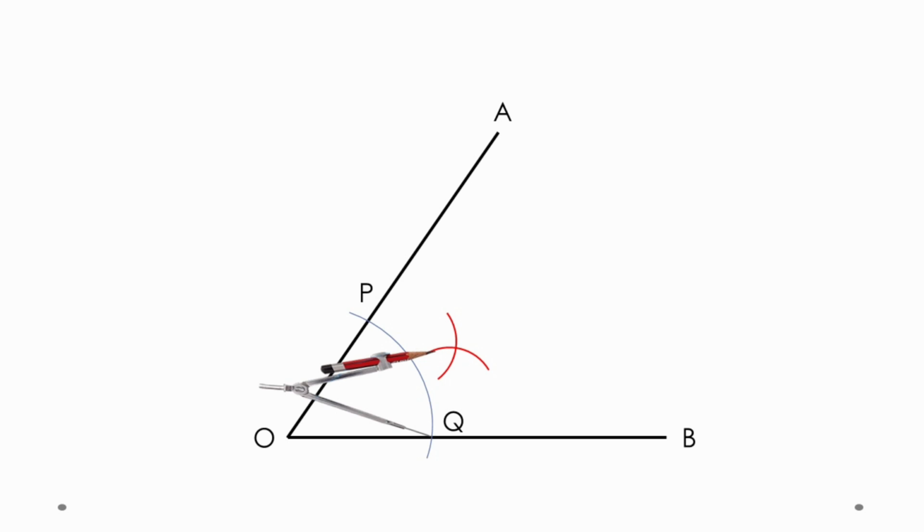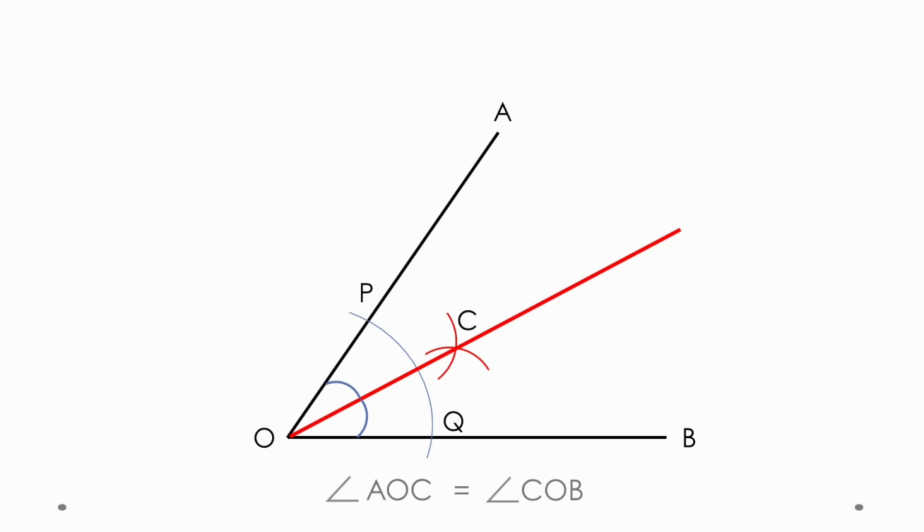Mark the points of intersection of arcs as C. Join O and C. Measure angles AOC and COB. You will find that angle AOC is equal to angle COB. Therefore, OC is the bisector of the angle AOB.